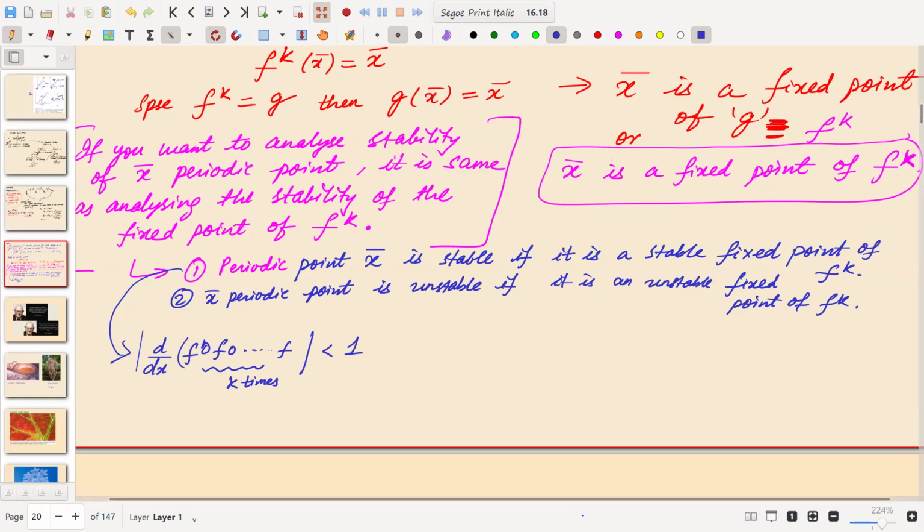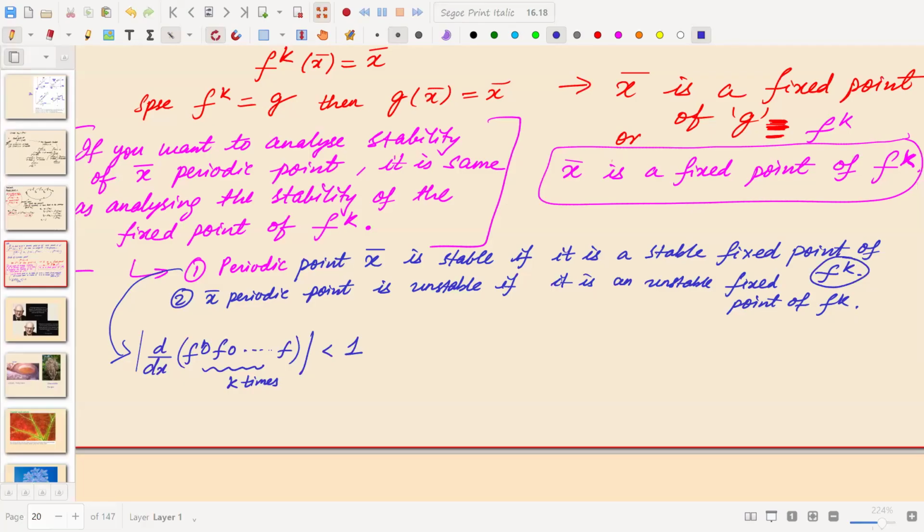Are you getting the idea? You told me that the absolute value of f prime at x is less than 1. But it is f^k, mind you. What is f^k? f composed with f, k times.